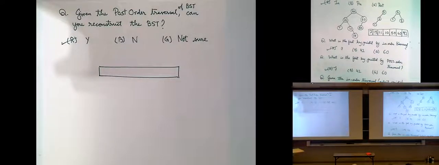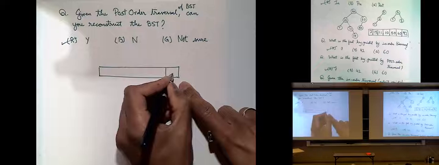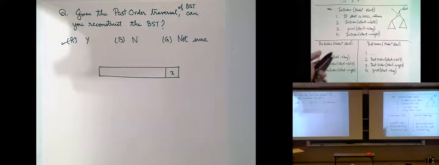but maybe it's worth expanding on what was said. So in a postorder traversal, let's say that whatever was here was x, right? So you know that x is the root. And you know that the left subtree was printed before the right subtree. That's always the case in all of these, right?